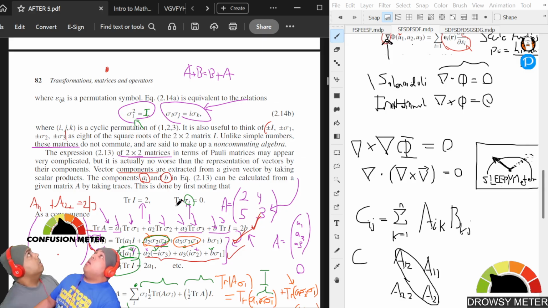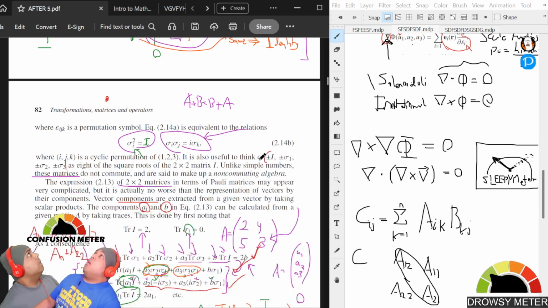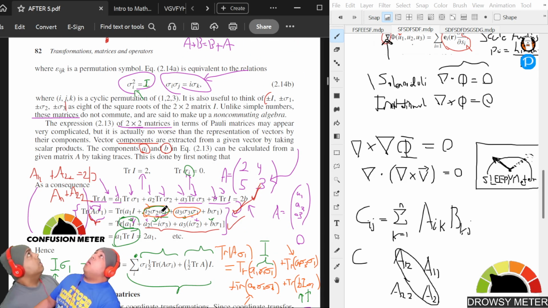I forget. Row 2, row 1 becomes I, row K. Yeah. Where did the negative come from? Oh my god. A2. Where did the negative come from?